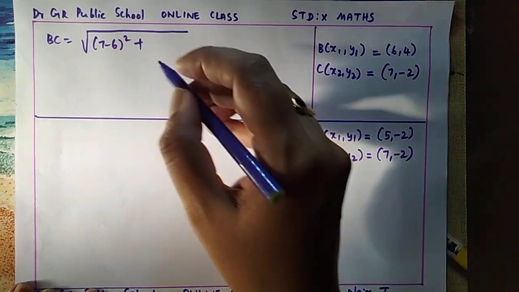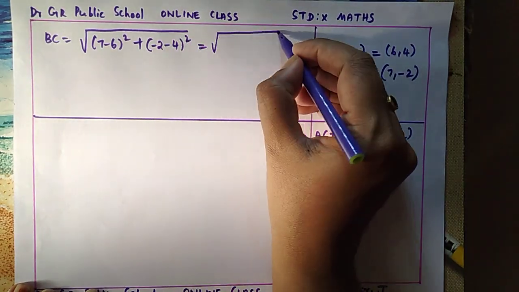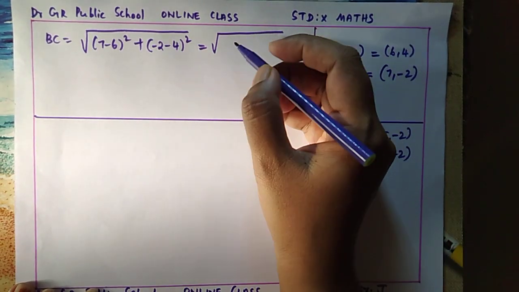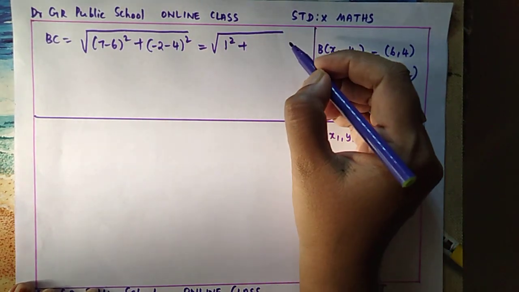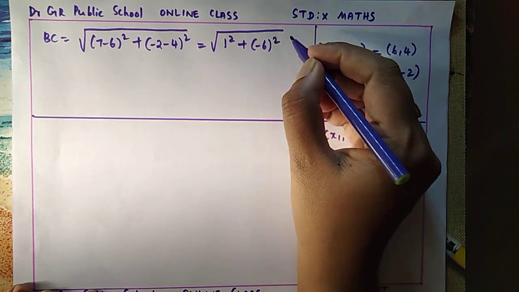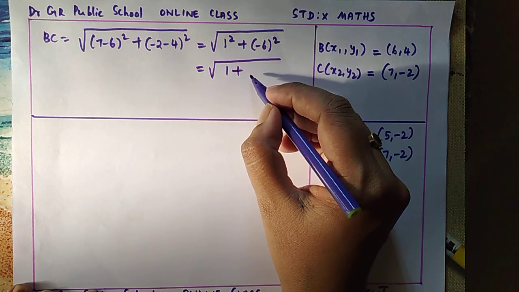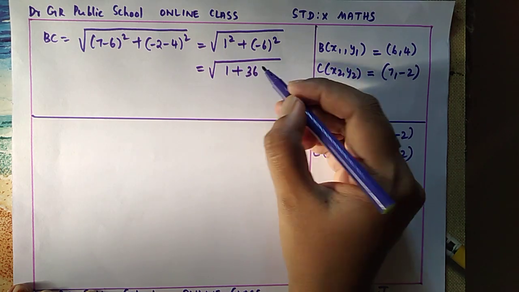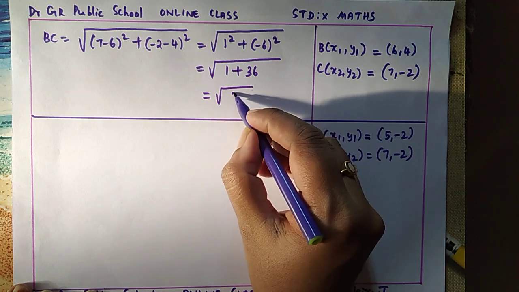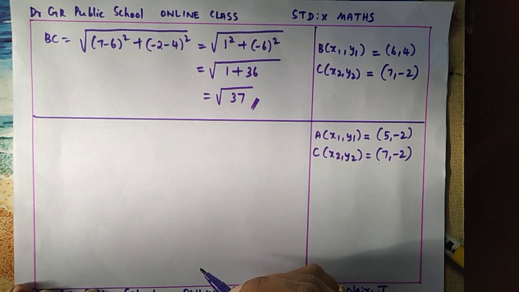Minus 2 minus 4 the whole square. That is equal to, what is 7 minus 6? 1. 1 square plus minus 2 minus 4 is minus 6. Minus 6 the whole square is 36. Again you got the answer root of 37. Okay, so the second distance also came root of 37.